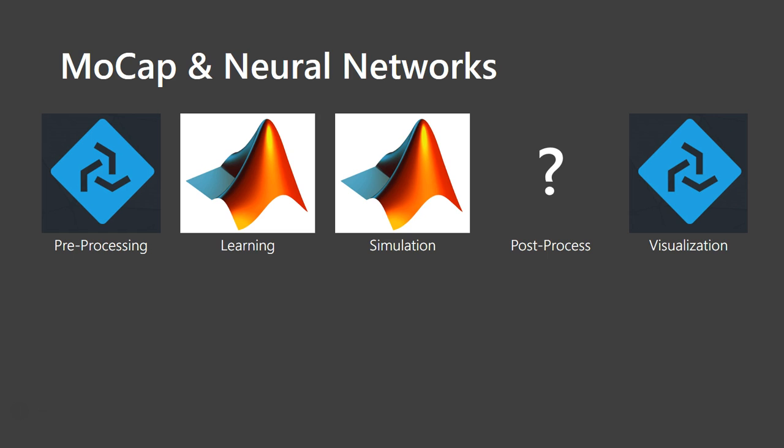And if I wanted to do some post-process, I would have to choose between doing parts of it in MATLAB and parts of it in Fabric Engine, depending on the kind of processing I was looking to do, in order to reduce the need to recreate stuff from one package to the other.